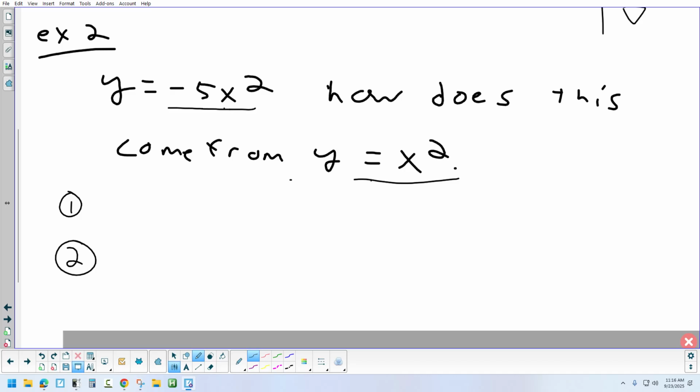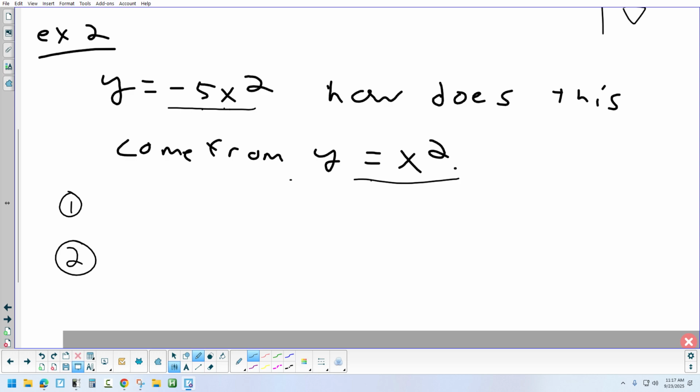Let's start with the 5. What is the 5 going to cause our graph to do? The 5 is going to stretch it out. Which way is it going to stretch it? Vertically.